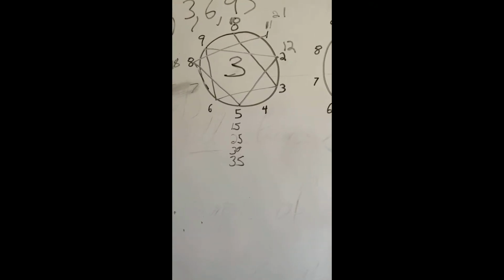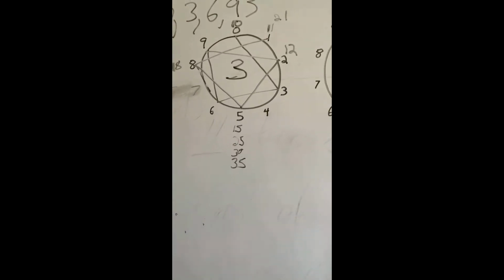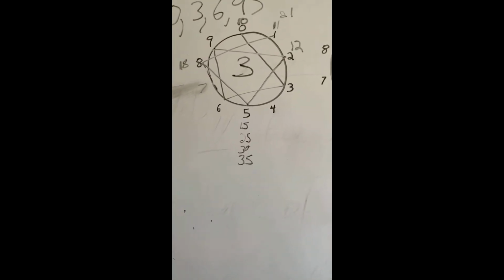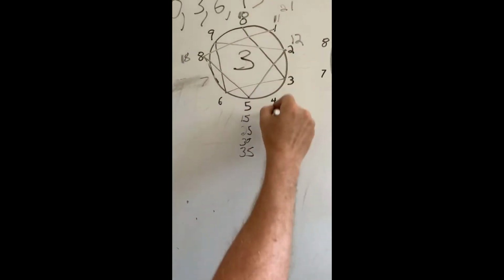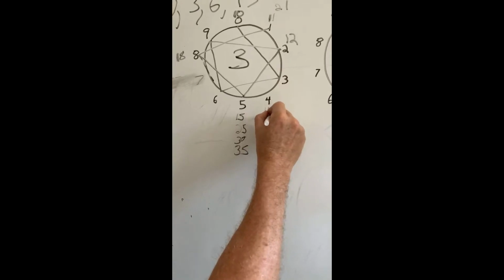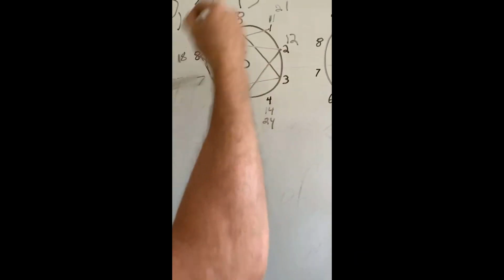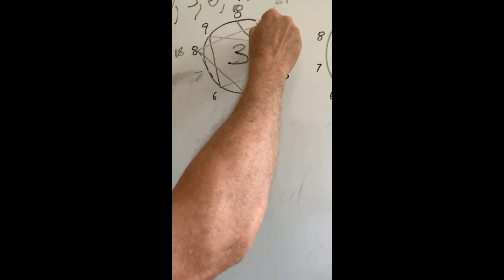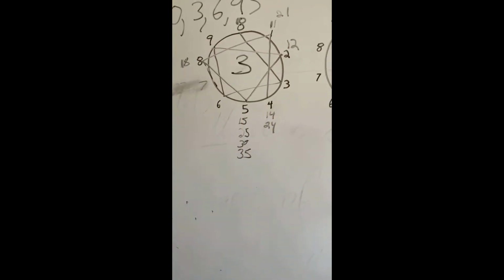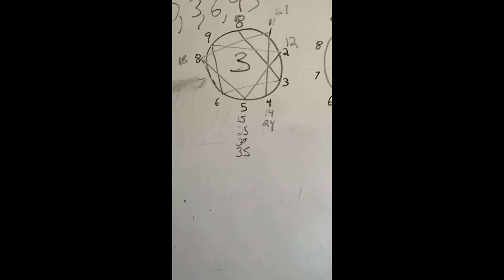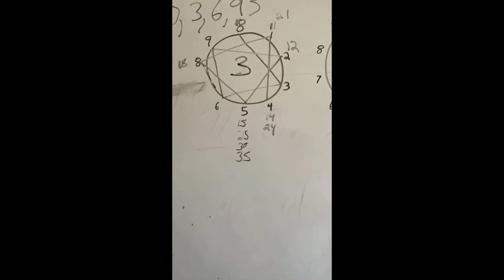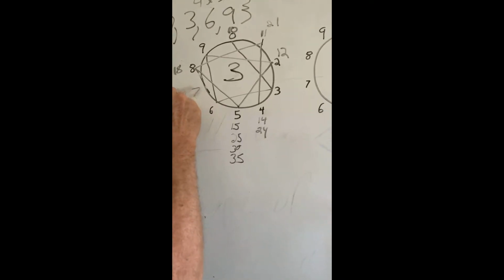Then 3 times 8 will be 24. So 24 will be down here, because we've gone around twice. And then 9 times 3 would be 27.